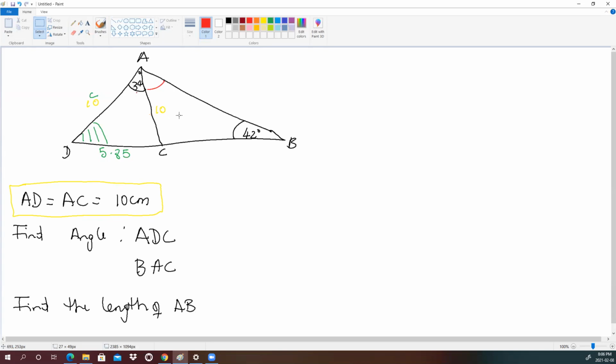After doing that, I'll subtract that angle from 180 degrees to get ACB, and then use that to get angle A.